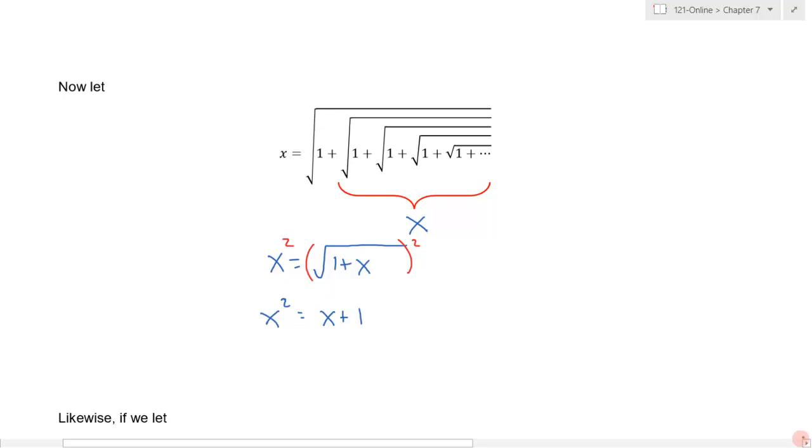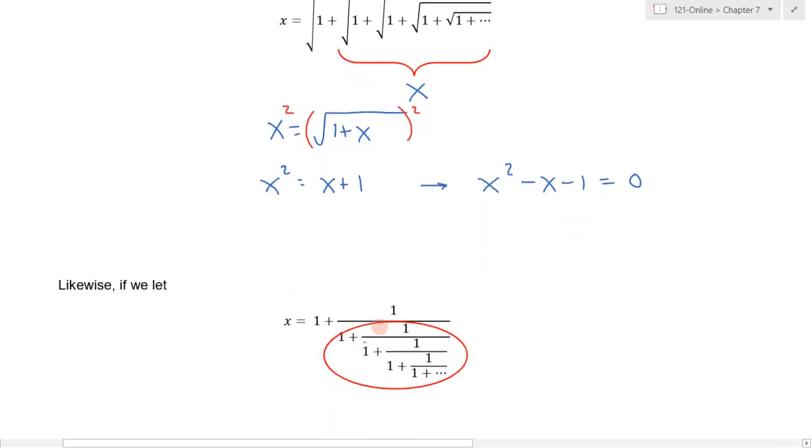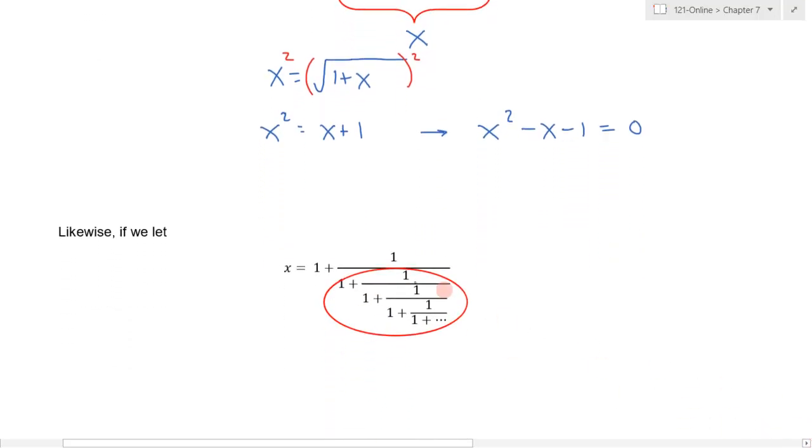Now, notice that if I was to bring this over and try to solve this quadratic equation by factoring, it doesn't factor, right? In fact, we see that the solutions are going to be irrational, something real close to 1.618. Notice that we could do something similar when we had this continuous fraction. If I let x equal 1 plus 1 over the 1 plus the 1 over, this part right here, that whole thing there equals x.